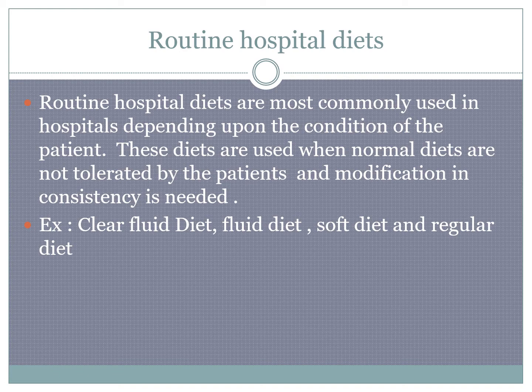So in planning the diet, these things must be kept in mind. While planning a therapeutic diet, one also needs to understand the relationship between the diet and drug interaction. Now we will discuss what the routine hospital diets are.